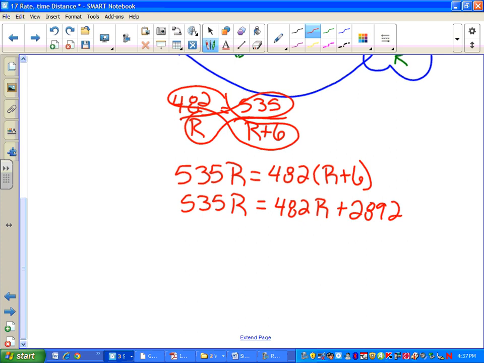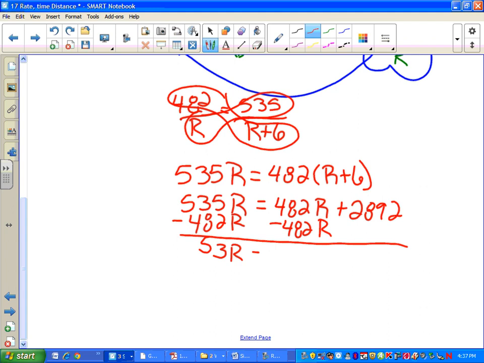From here, it's a linear equation, so we want to get our R's on one side and our numbers on the other. This will give me 53R equals 2892. 2892 divided by 53.